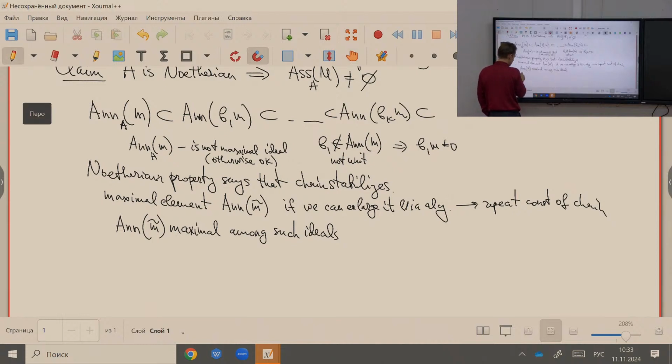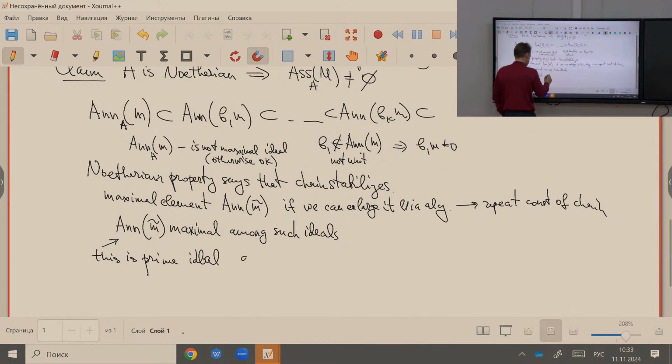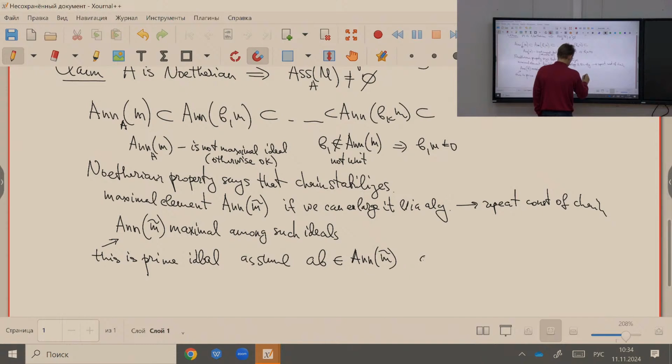So then you take this maximal element. I claim that it is a prime ideal. Assume that ab belongs to the annihilator of m tilde, and suppose also b is not in the annihilator.